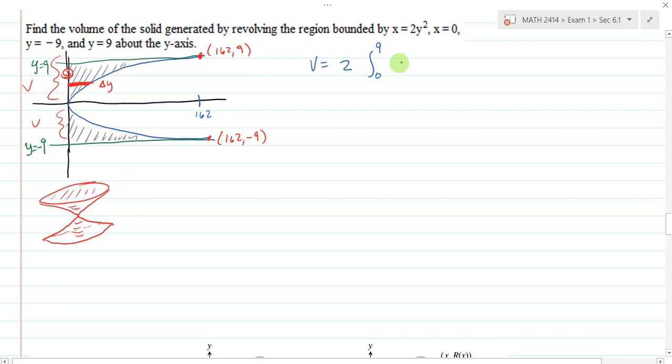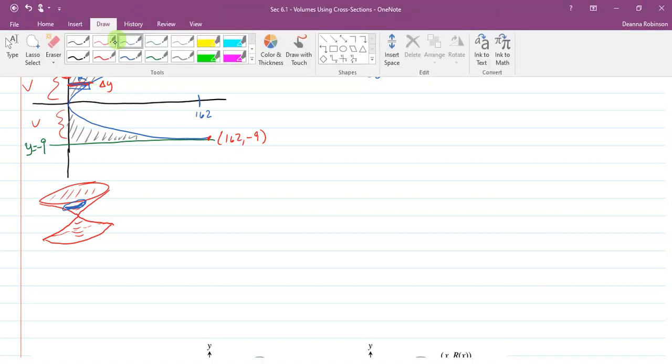So then the cross-sectional area is going to be this circular shape right here, this circular disc, and the area of a circle is pi times the radius squared. What's the radius? Well, the radius is this distance of this line right here, and that's found by taking the right-hand function minus the left-hand function.